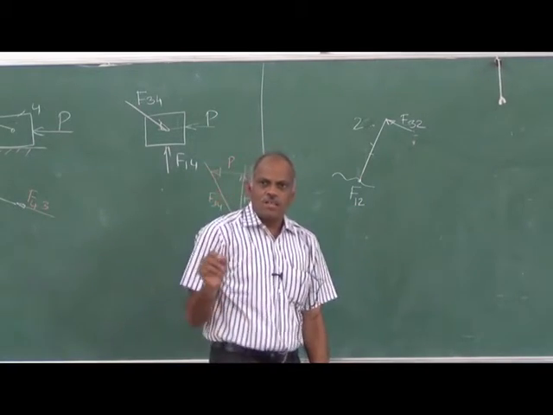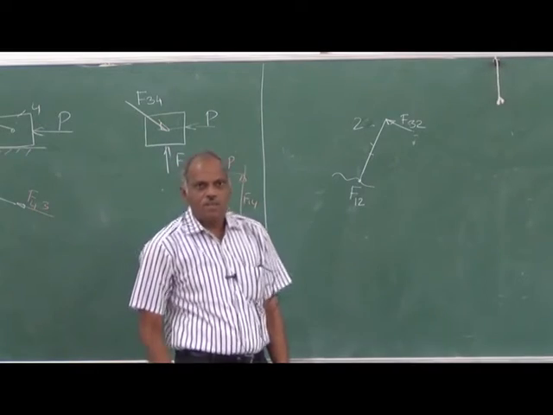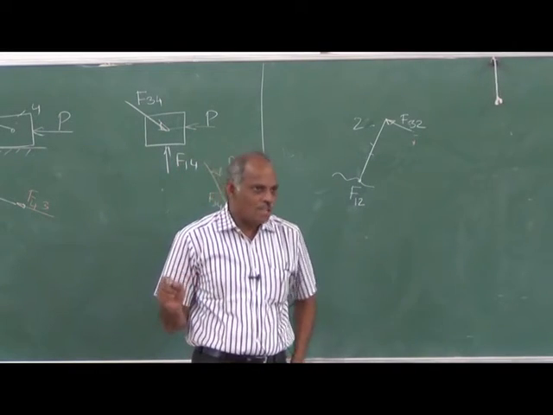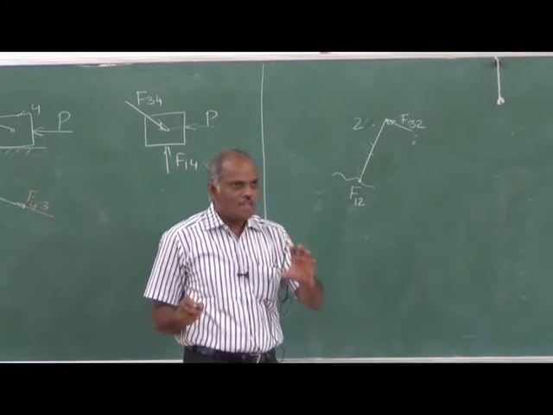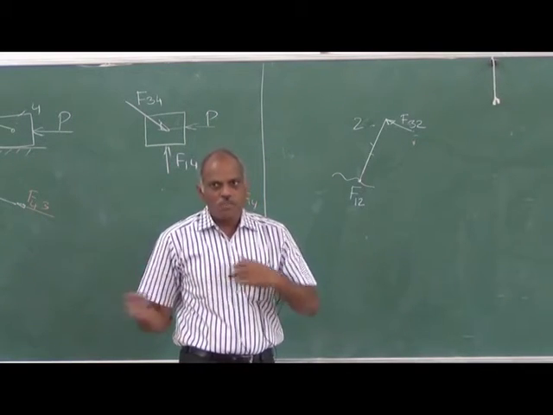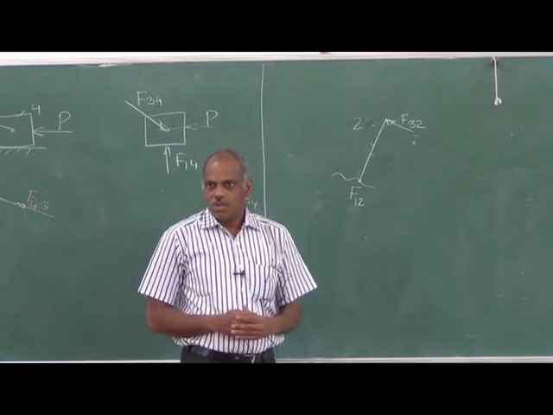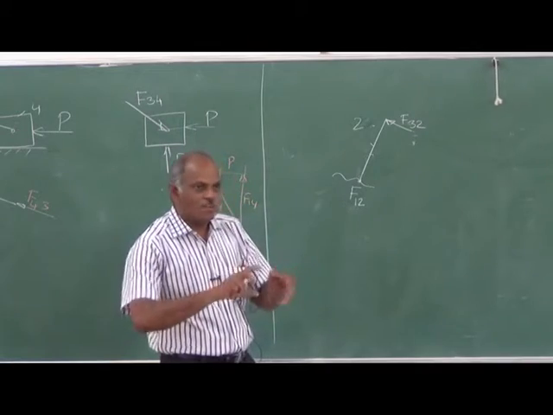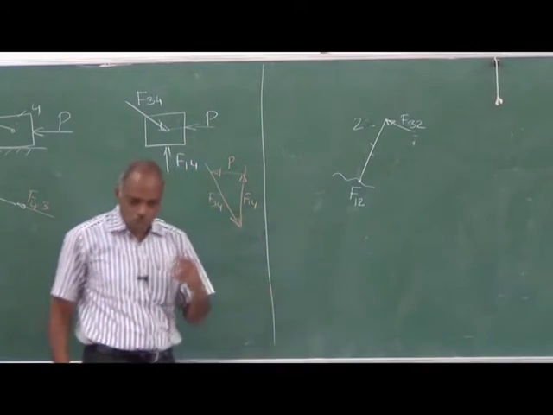So I have sent an email where you can find one page from the book by Shigley, where he has clearly indicated for all 6 types of lower pairs how the reactions will be, what components can be transmitted and what cannot be transmitted. Have a closer look at it.